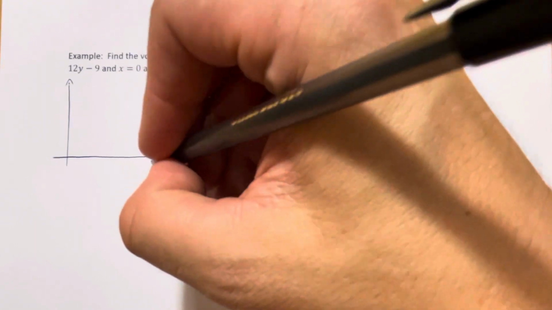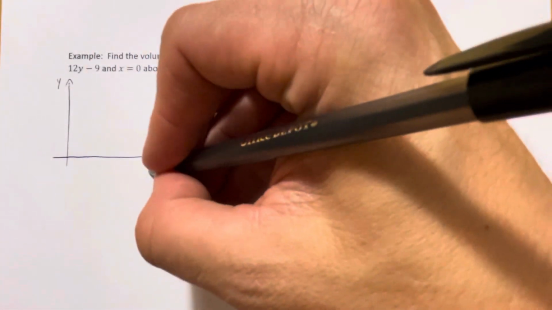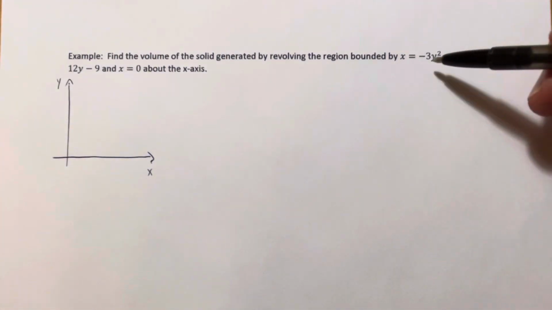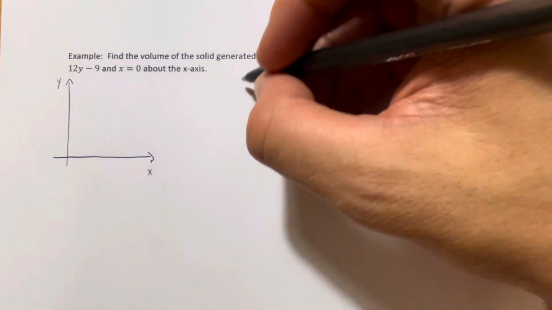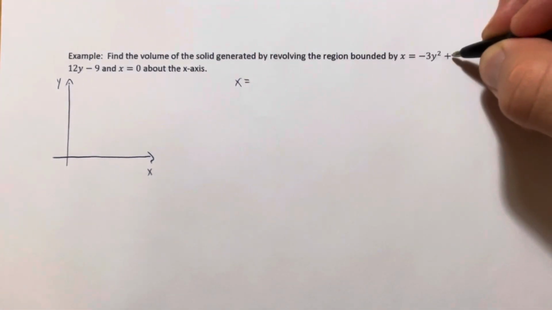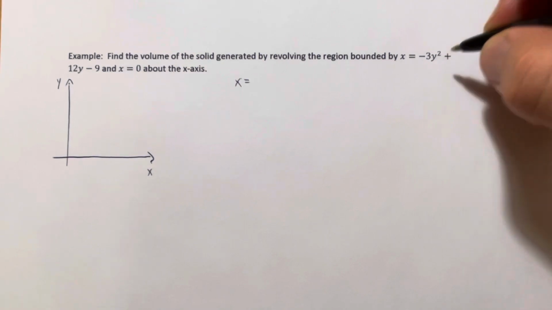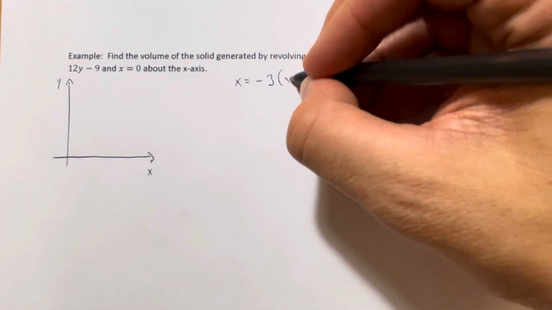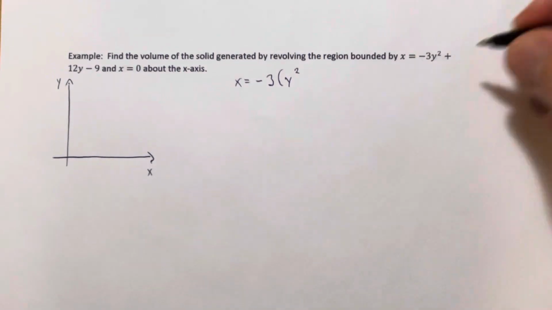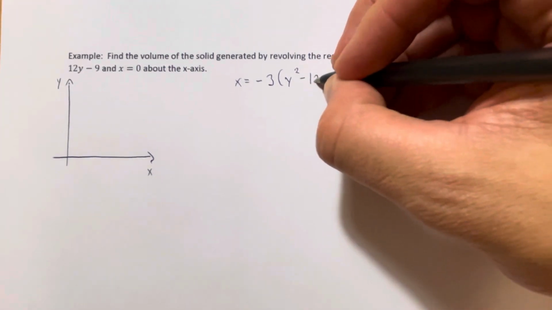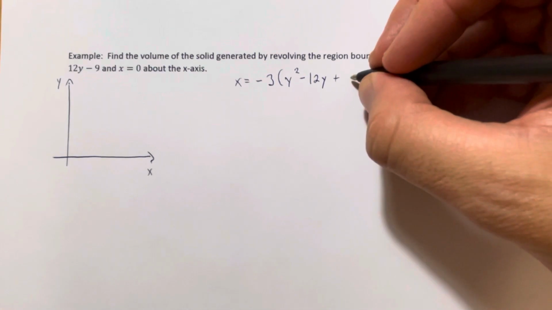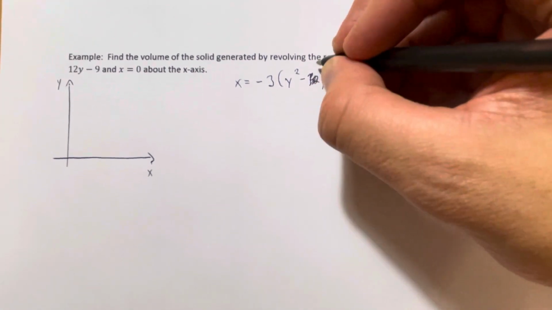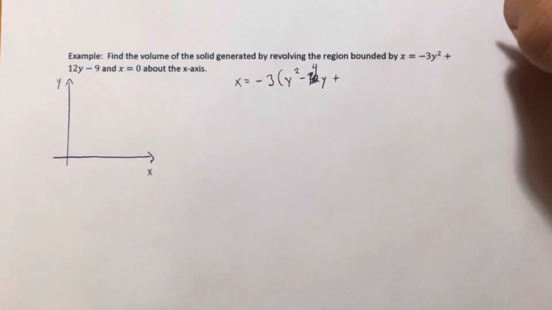It turns out I only need to draw the first quadrant again. How do you graph this? Well, x equals negative 3y squared plus 12y minus 9. I notice that I can factor a negative 3 out of that, which is going to give me y squared minus 4y, because I factored a negative 3 out, right?